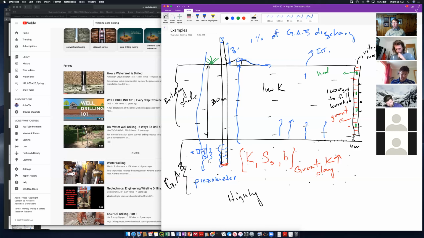And if I'm just trying to get water production, what the drillers do is they'll have a rough idea of where water usually is. They'll drill to that depth, and then we pump for a while and see how much yield we get. And if we don't get very much, then we'll drill some more. So we kind of characterize as we go.